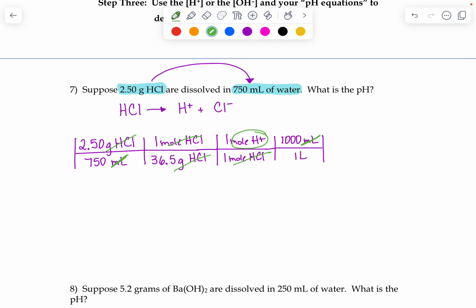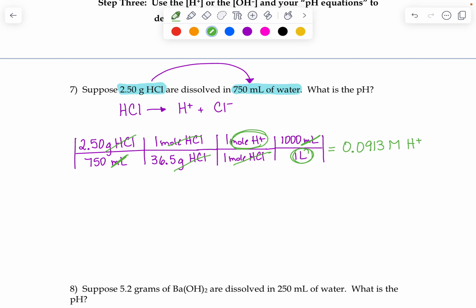And now the only units I have left are moles of hydrogen ions per liter. So my answer here, after you throw that in your calculator, would give you 0.0913 molar hydrogen ions.